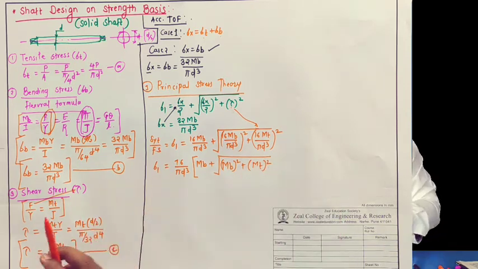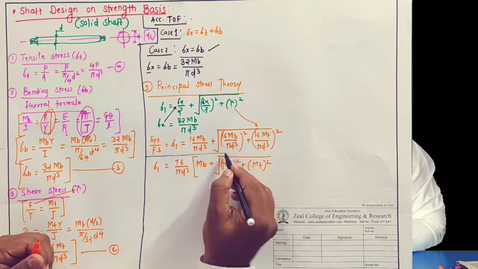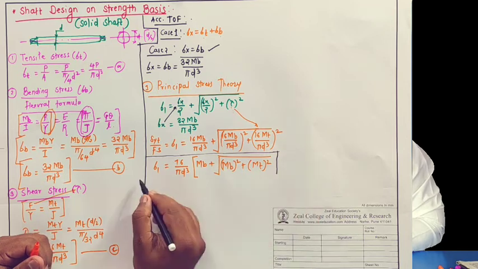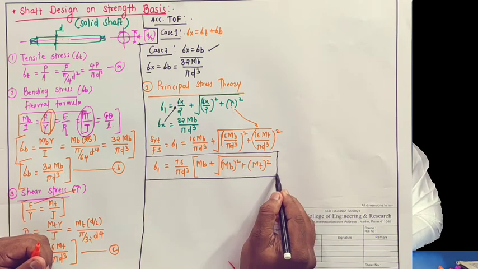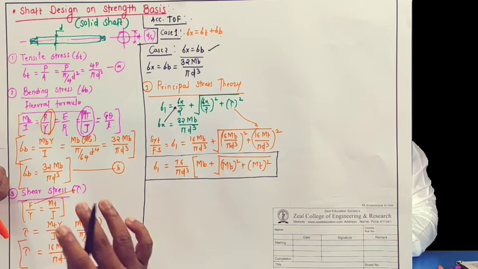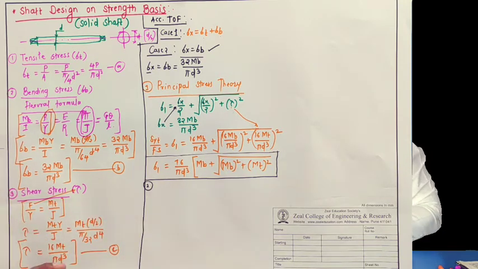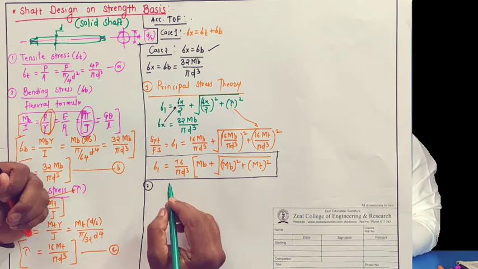So this will be your final equation for calculating the stress for a solid shaft in case of the principal stress theory. Understood? The second theory of failure, which is very important, is the principal shear stress theory.